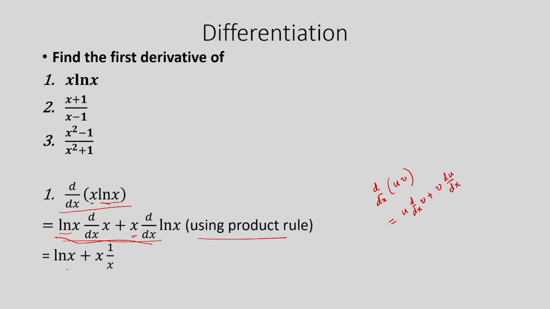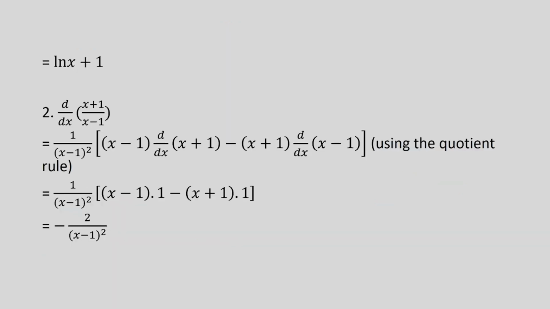In the next step, we get log of x multiplied by d dx of x. d dx of x, by the power rule, just becomes 1, so I am not writing that 1 here, plus x multiplied by d dx of log x, which is just 1 divided by x. It can be simplified a bit more, it becomes log x plus 1. So, this is the answer.